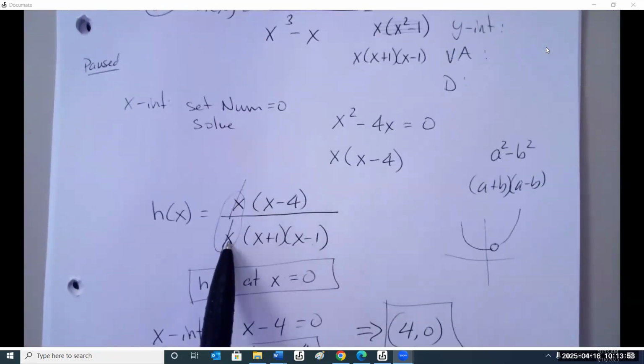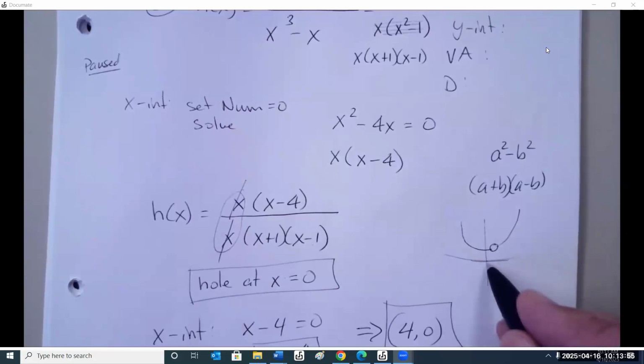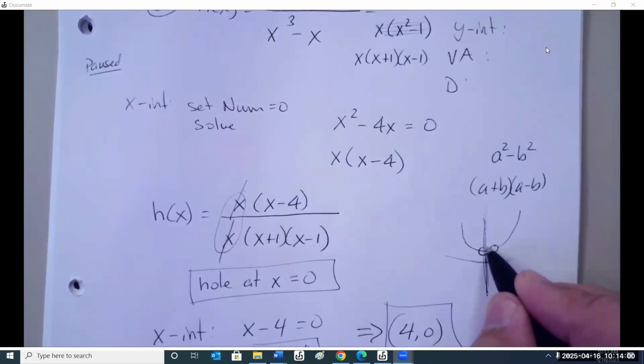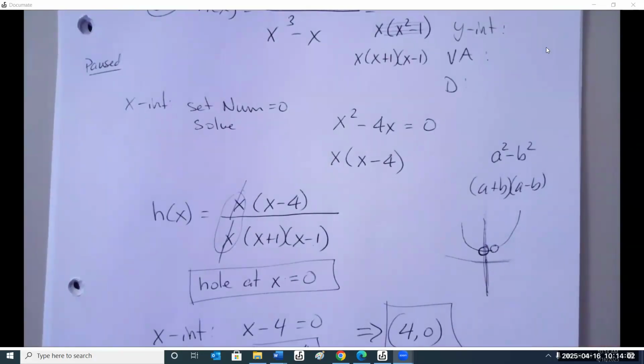And we knew that from up here because the x is canceled. When x is 0, that's the y-intercept. So we won't have a y-intercept. We're going to have a hole wherever that graph would be.